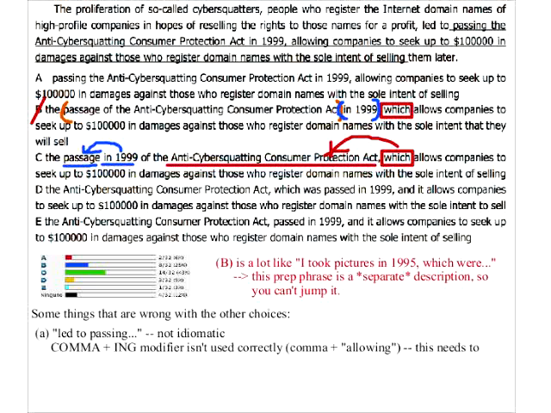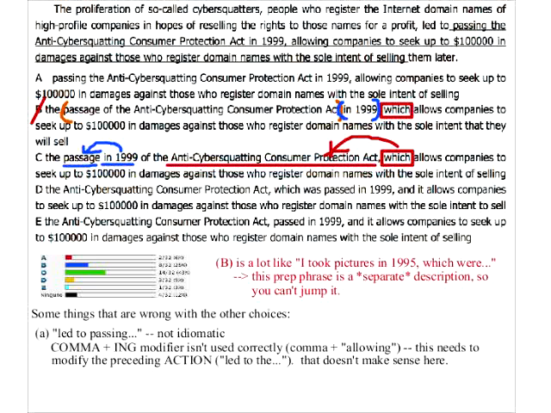That doesn't make sense. There's a link in your text box for more on comma plus ing modifiers, but this would have to modify that action up there, which is not what it does. So that's incorrect.